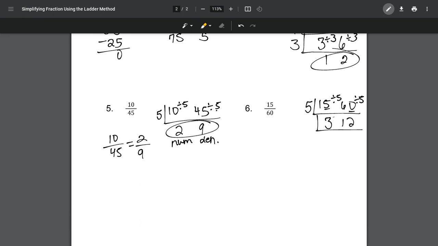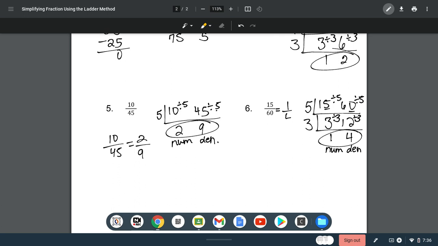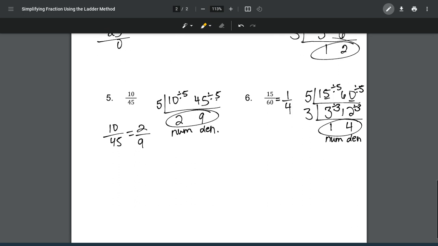Now there is a number that will go into both of these, and that is a 3. 3 divided by 3 is 1, and 12 divided by 3 is 4. Now the only number that will go into a 1 and a 4 is just 1. So this becomes your numerator, and this becomes your denominator. So 15 over 60 simplifies to 1 over 4. And that's how you simplify using the ladder method, okay?